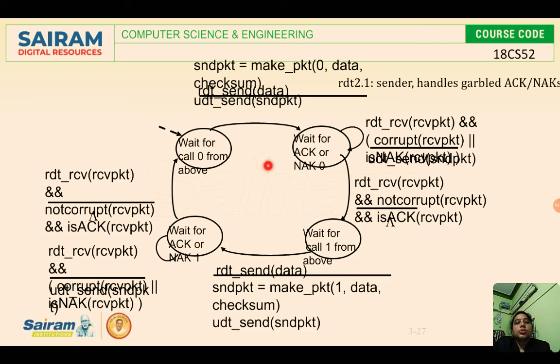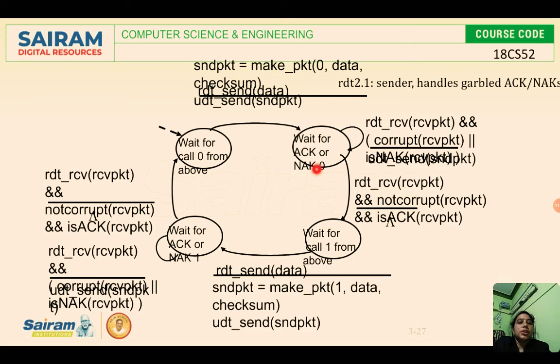Once it sends the packet, it will move to the next state, that is, wait for acknowledgement or negative acknowledgement. In this state, what happens? It receives the packet, rdt_rcv(rcvpkt). This is the message which it gets from the receiver.